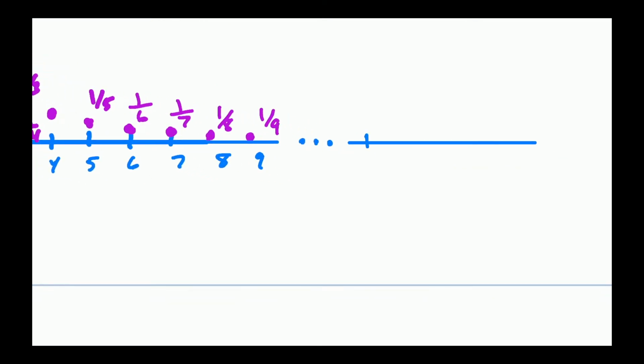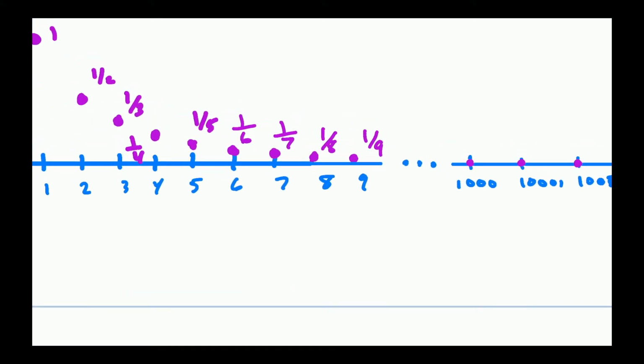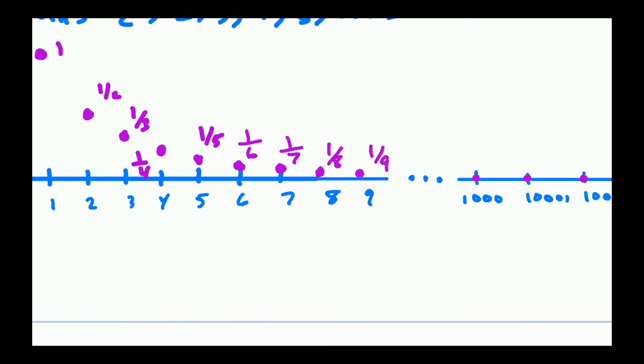You keep going, eventually you're going to get to like 1,000, 1,001, 1,002. What are those values going to look like? Well, they're going to be so close to 0 that you can't even tell that they're not 0, right? And so the further you head out, the closer to 0 that the terms in the sequence get. And so that would be showing that the limit is 0.